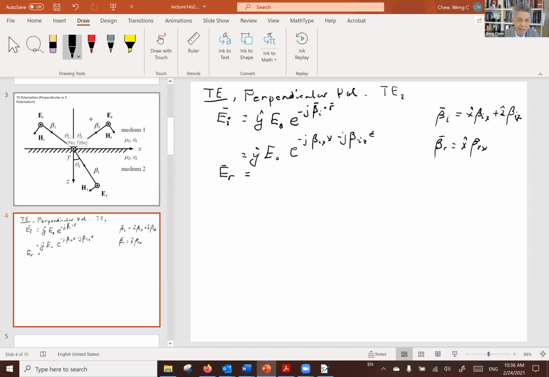Writing down the exponent, I put in the proper sign. The reflected wave will have an unknown amplitude, which we do not know. Let's call it RTE, so this unknown amplitude is E naught times RTE.